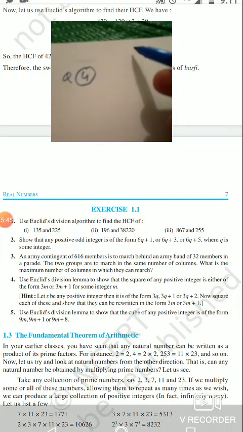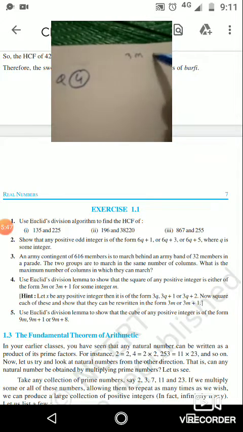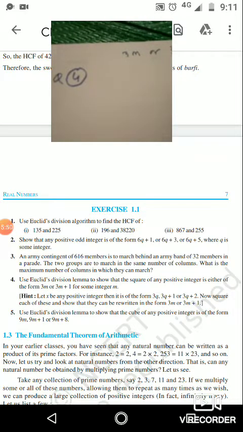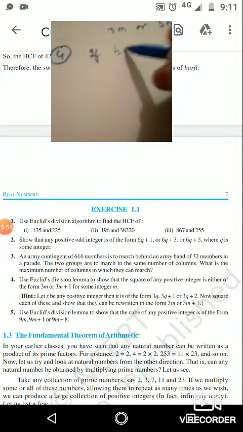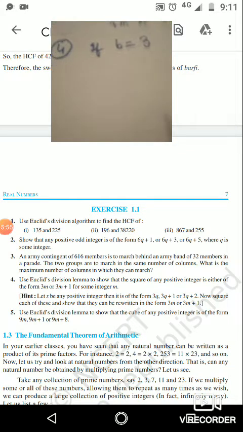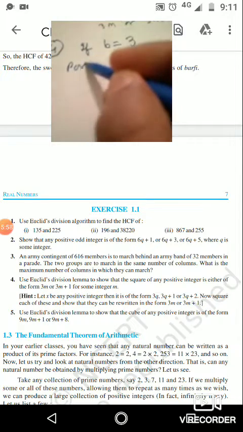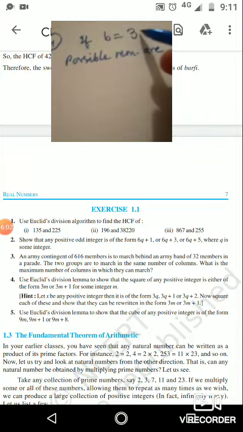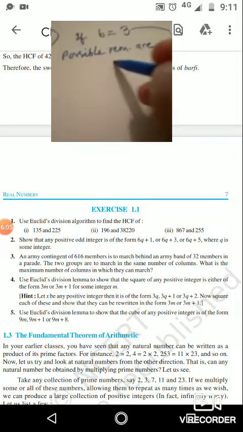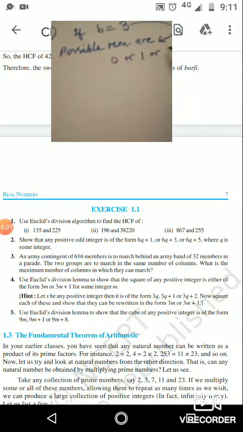We have to prove 3m or 3m plus 1. Here if I take b as 3, possible remainders for 3 are 0, 1 or 2.